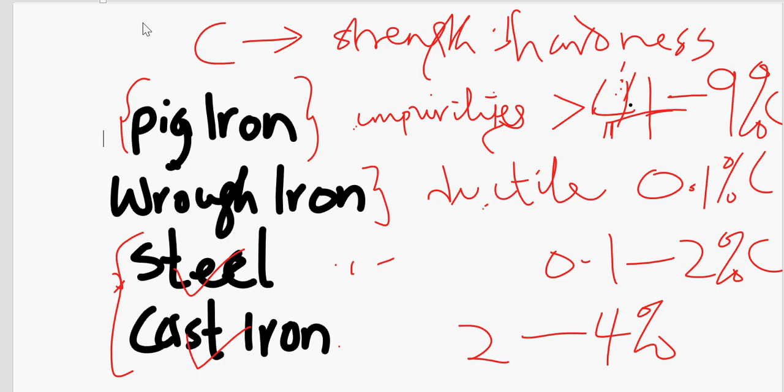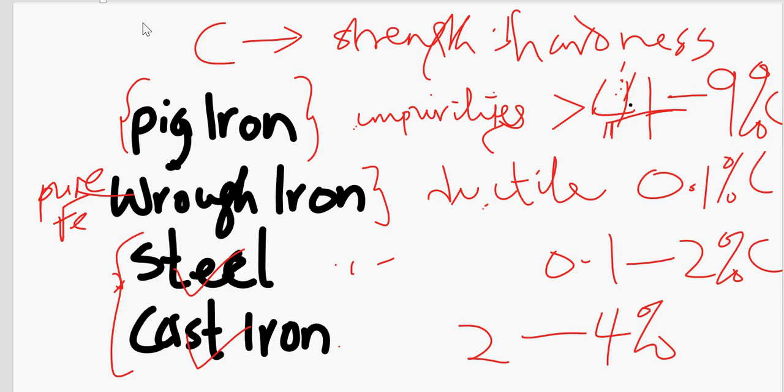In terms of strength, cast iron is the strongest. Wrought iron is almost pure iron, so strength increases from wrought iron to cast iron.